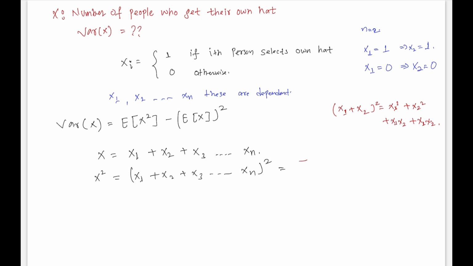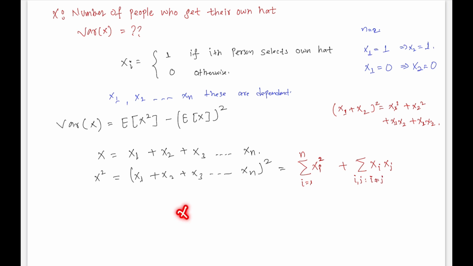The single terms we can write like this, that would be the summation of xi square, where i goes from 1 to n, right? So this part will cover this one, plus we will have the cross term product of xi and xj, where important that i and j are such that i is not equal to j, right?